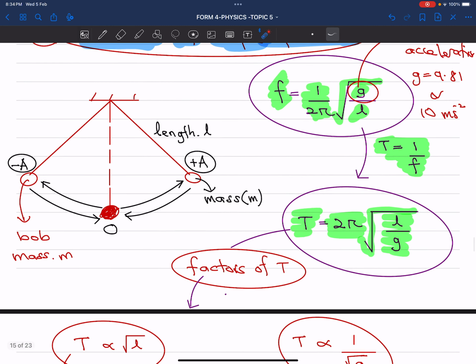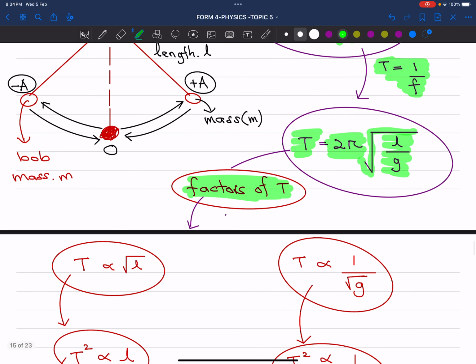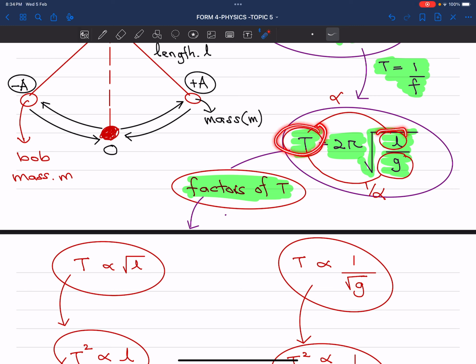Now, from this formula of period, we will get the factors of period. How? Simple. Up and up is directly proportional, and up and down is inversely proportional. In any formula, we can get the factors this way.